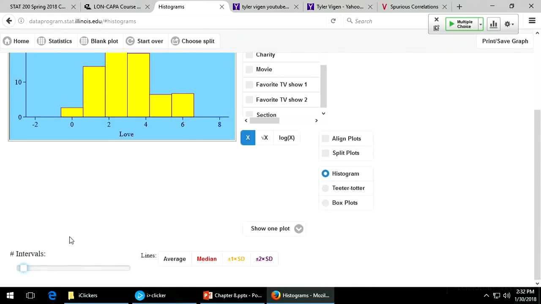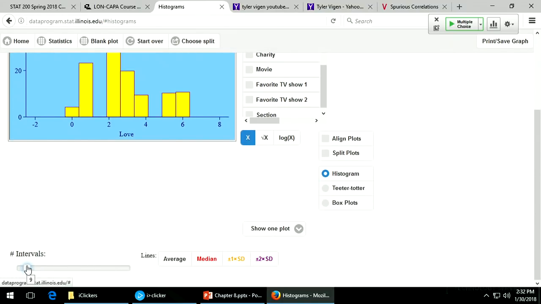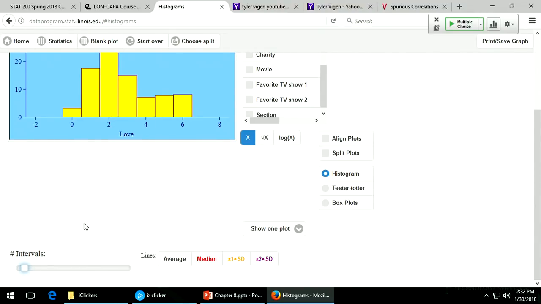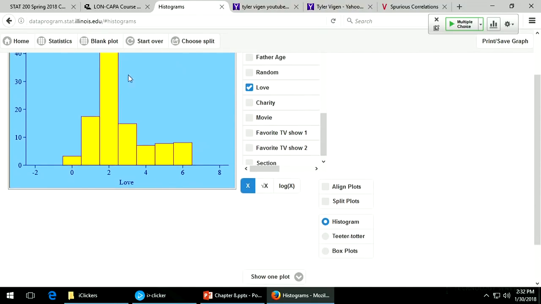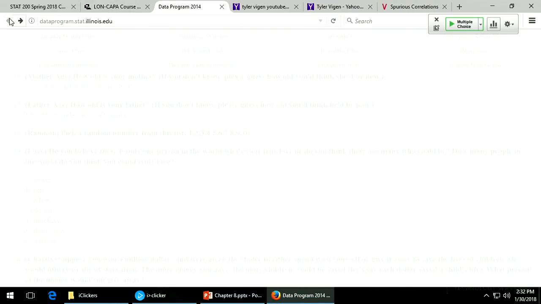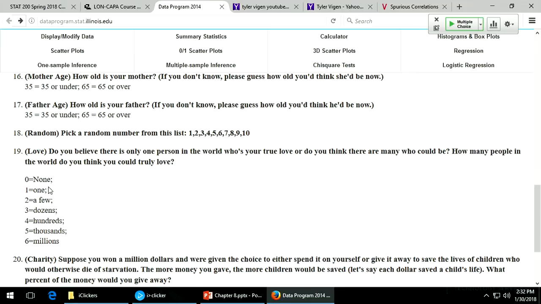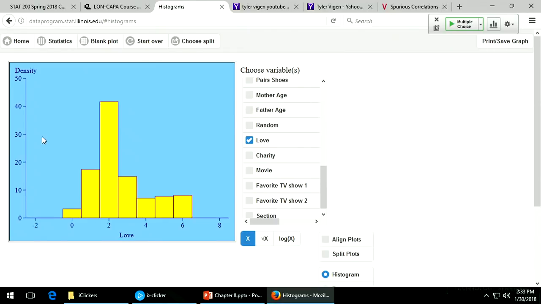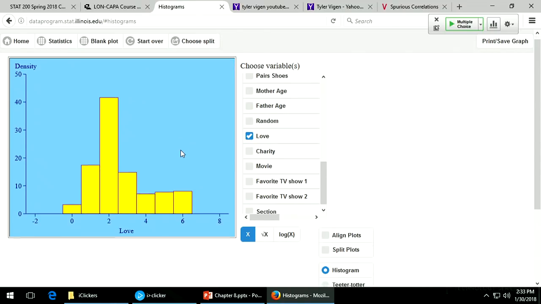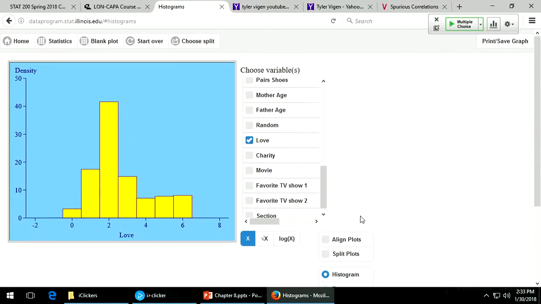There must be one more category, right? Let me just see. I'm just curious, sorry. What was it? None. There should be 7, right? 7. So now let's go back to our data program and to our histogram. Okay, so this is none, one, a few, dozens, hundreds, thousands, and millions. All right, now let's split on males and females and see what it looks like.